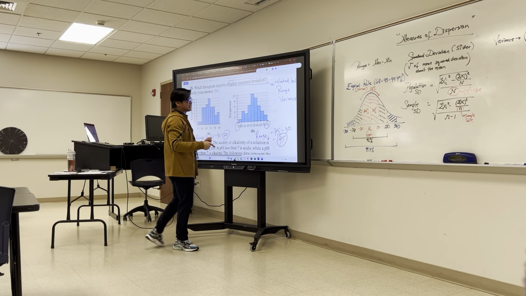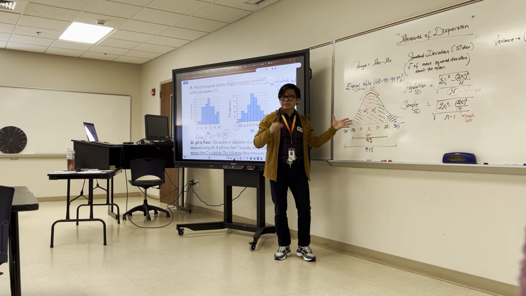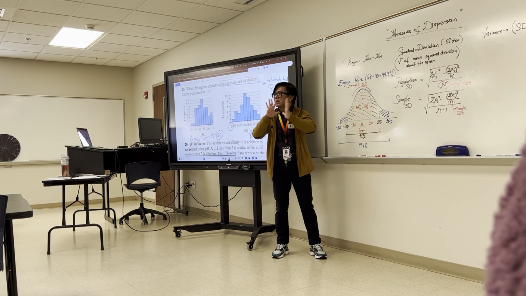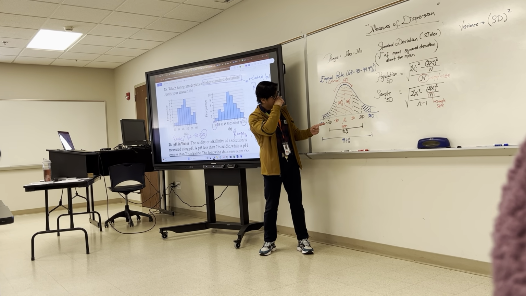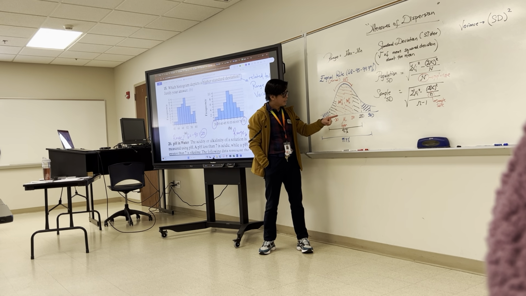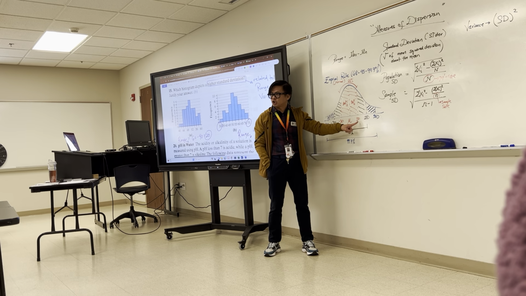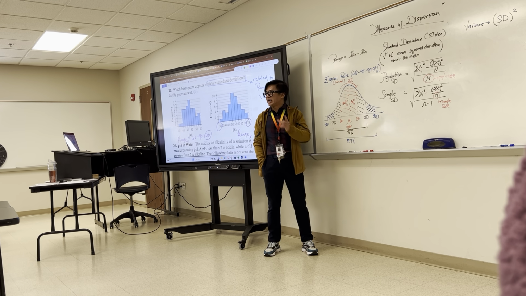Now, how is this related to our empirical rule? As you may notice, the empirical rule only applies to a bell-shaped symmetric distribution. That's the mean. One standard deviation above and below the mean comprises 68% of your data.